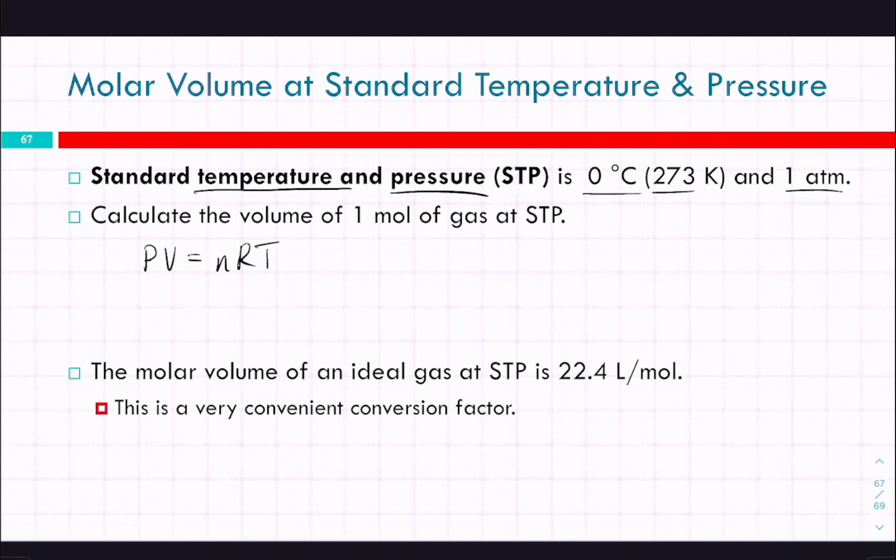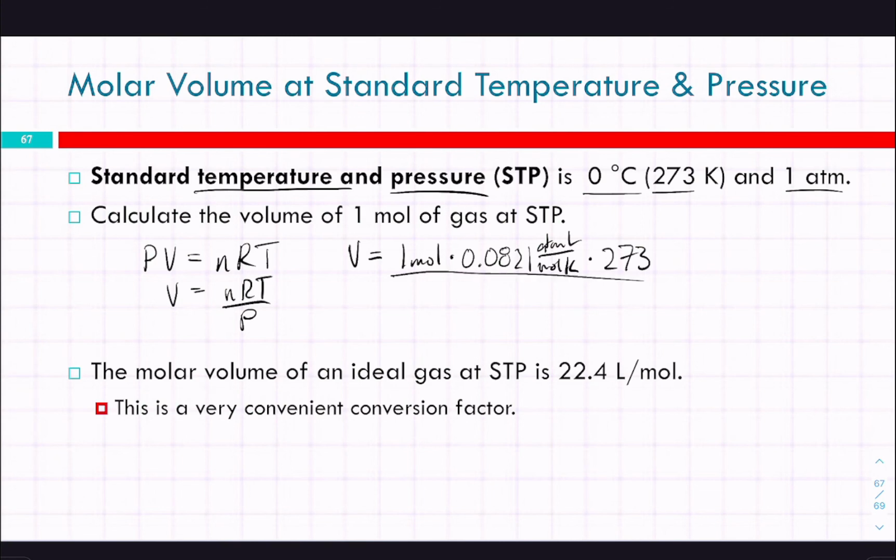If we solve this for volume, it's nRT over P. So V equals 1 mole times 0.0821 atmosphere liter per mole Kelvin, times our temperature, which is 273 Kelvin, and then 1 atmosphere in the denominator.